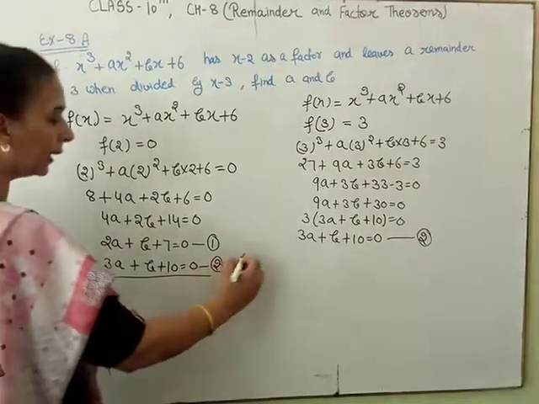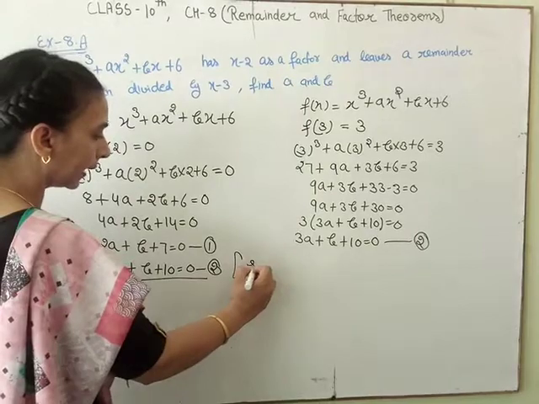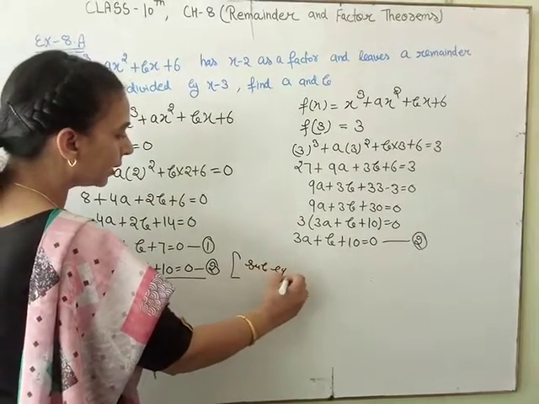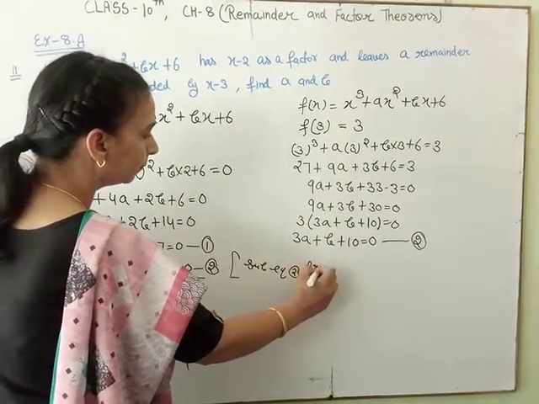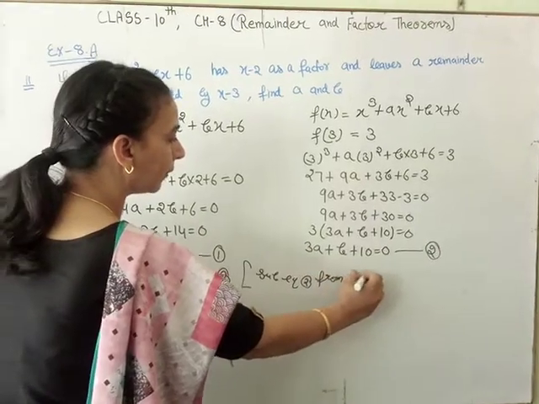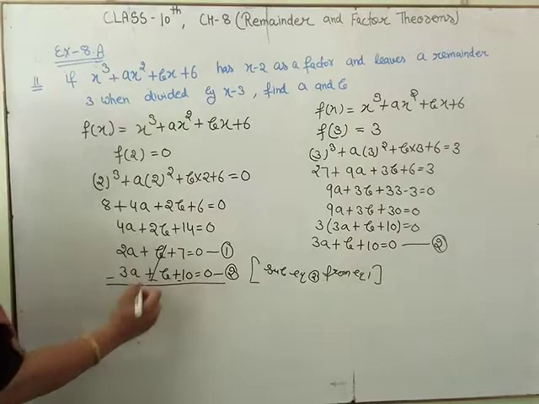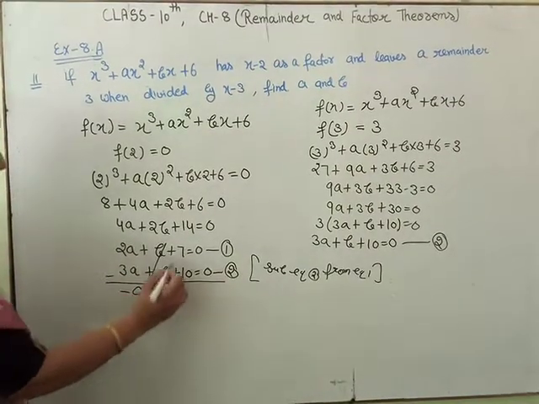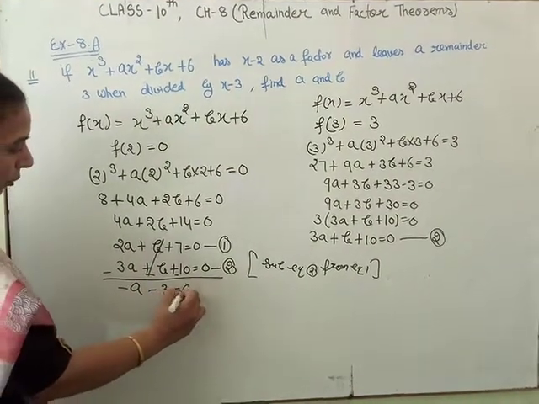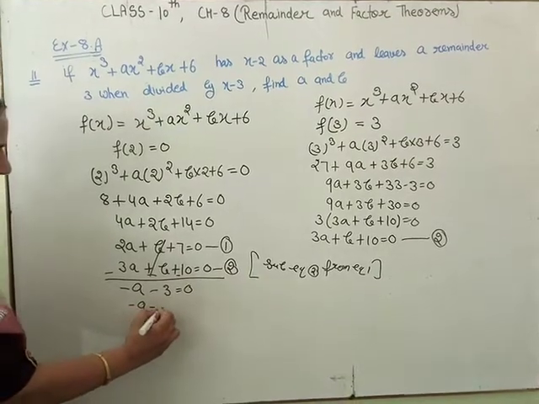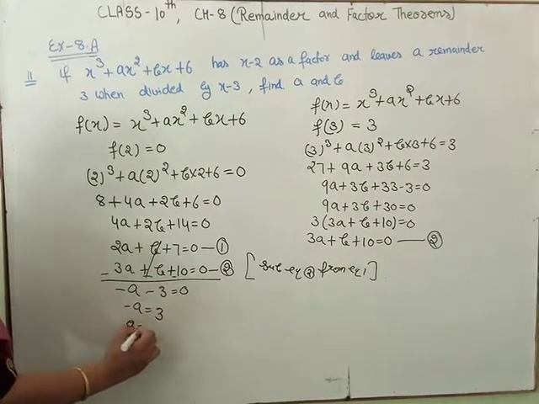Okay, we write here, subtracting equation second from equation first. Then minus b and minus b cancel. Then minus a minus 3 equals 0, so minus a equals 3, and a equals minus 3.